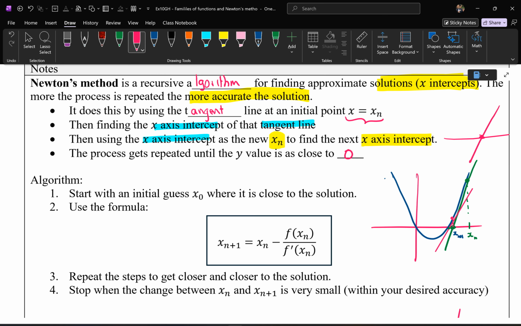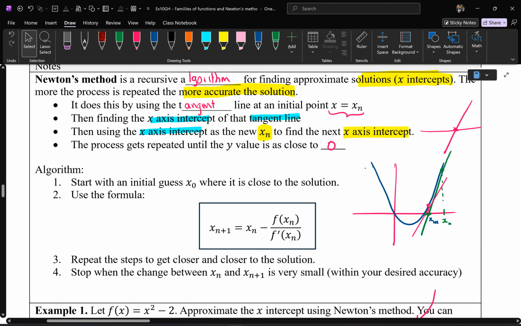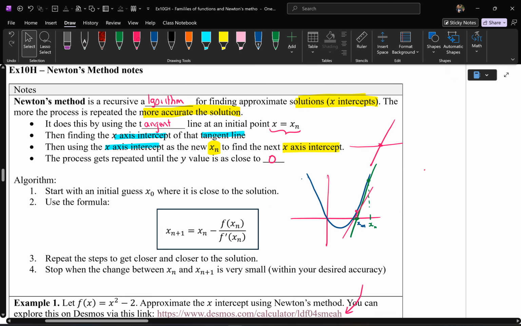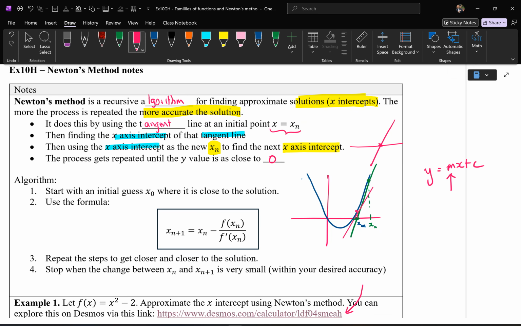Okay? If you look at the formula, it looks nasty, but it's actually really just the derivative and a straight line equation rearranged. Okay, so you know your y equals mx plus c? That's the tangent line. So then m is the derivative. So you can say it's f dash of x. That's where they're getting this from, right?